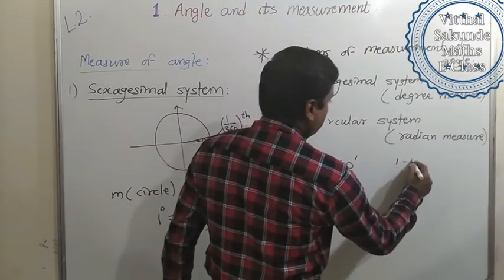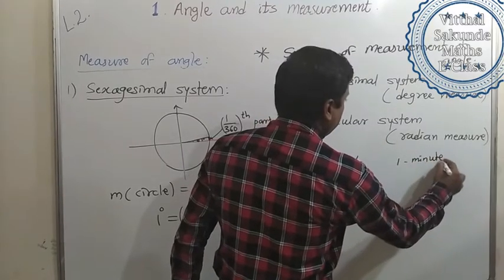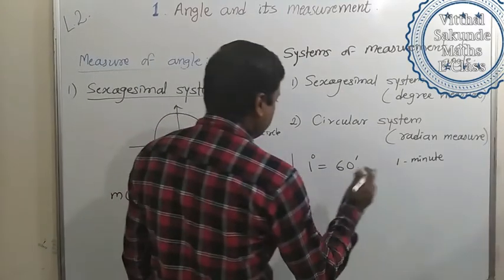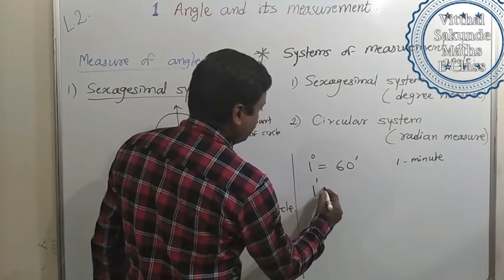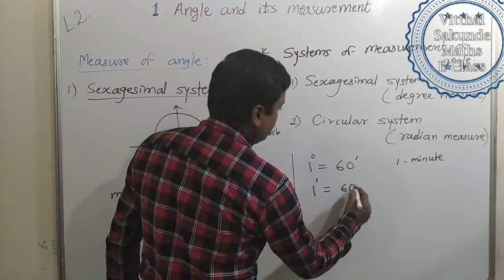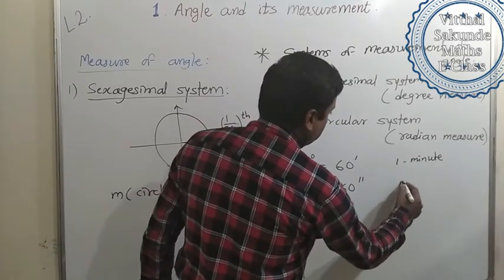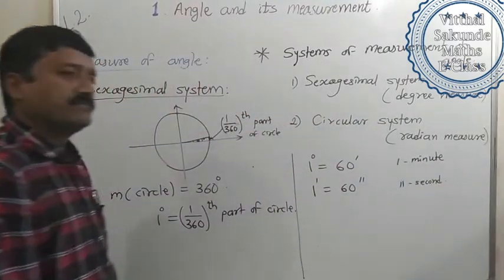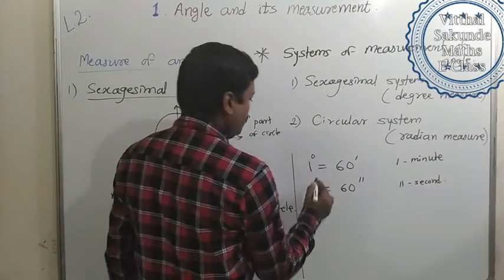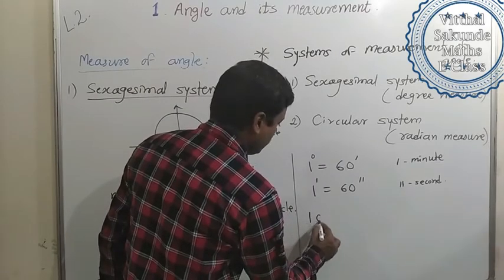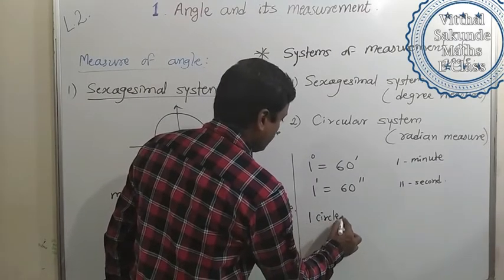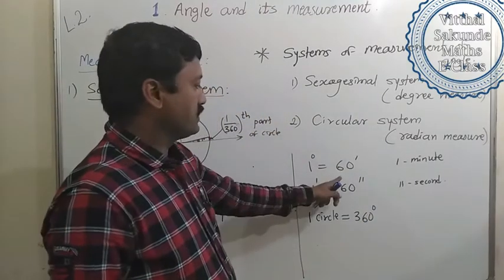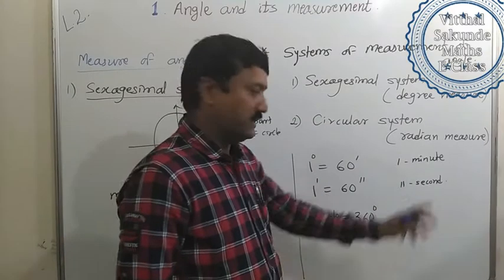This dash means minute, which is different from the time unit minute. And 1 minute is equal to 60 seconds. This double dash denotes seconds. So one circle is 360 degrees, 1 degree equals 60 minutes, and 1 minute equals 60 seconds.